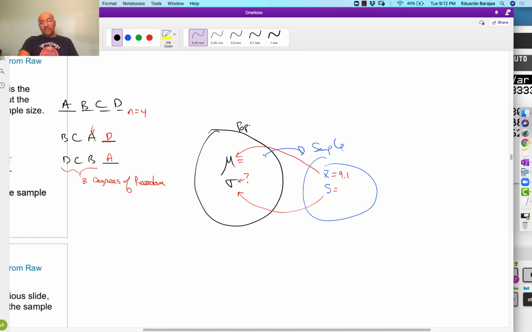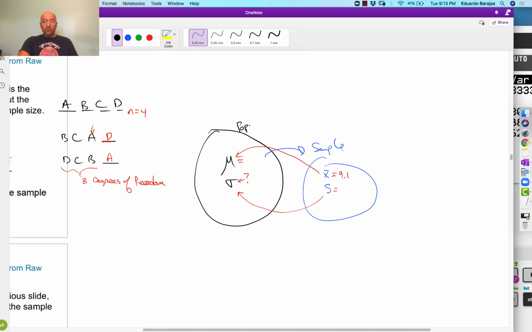We're going to take a sample from that, hopefully a nice random sample, hopefully large enough, so that this sample is a good representation of that population. It's like a little microcosm, right? It does a good job of representing the population. And then we are going to find the sample mean and the sample standard deviation. We want to be able to say something about these unknown values based on the sample information we find.